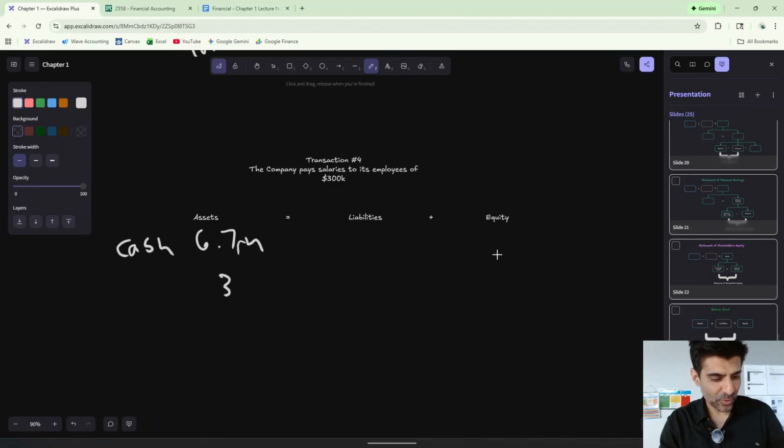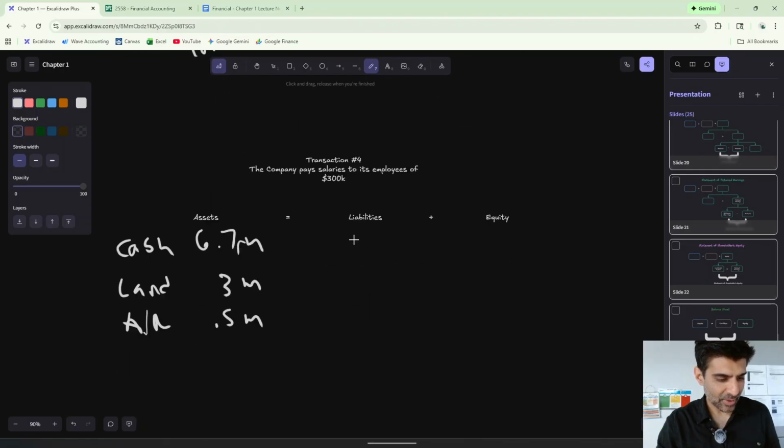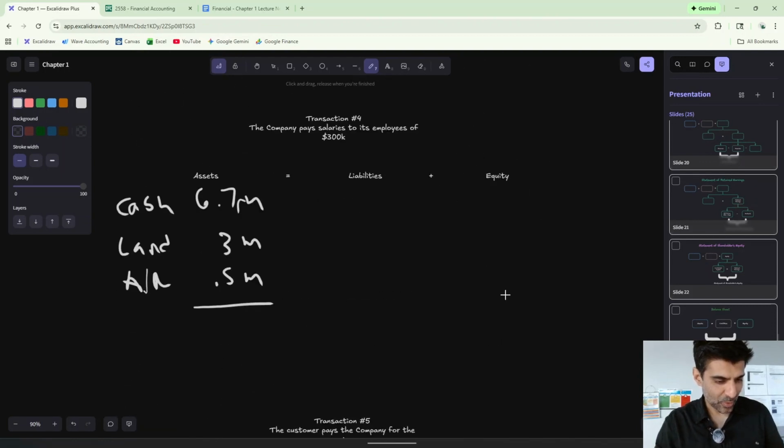We have our land of 3 million. We have accounts receivable, 500K, so 0.5 million. And yeah, that's it. So now we're back down to, what is this? 9.7, just reduce this, so 10.2, right? Agreed?